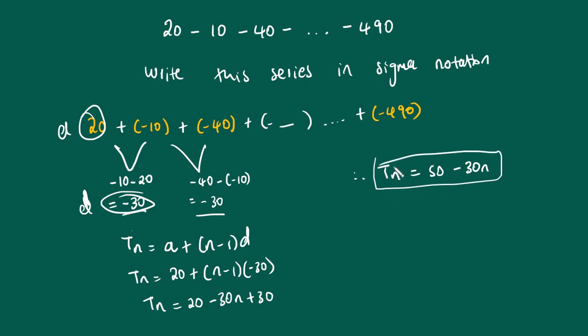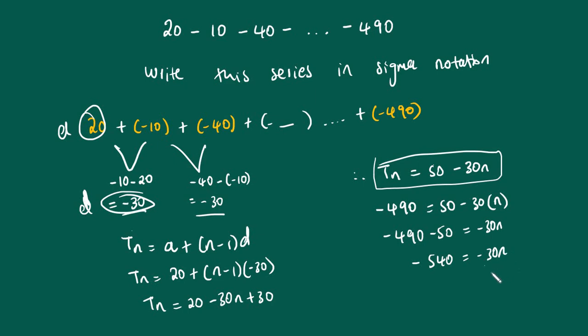Now, since that is the general term, we also need to know the position of the last term. We can substitute it as a term there and solve for its position, meaning we solve for n. You can take the 50 to the other side. Remember that when you take 50 to this side, it changes sign to minus 50. Then here you have negative 30n, and from there that is going to be negative 540.